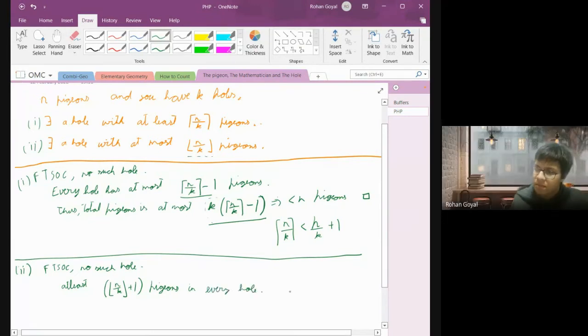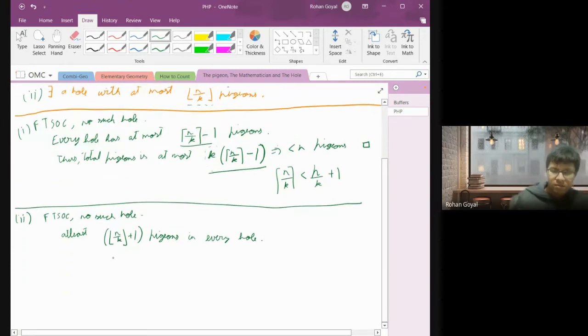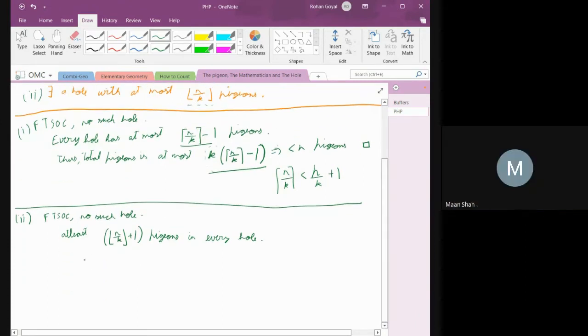Okay, so how many total pigeons are there at least? k times floor of n by k plus 1. Good.